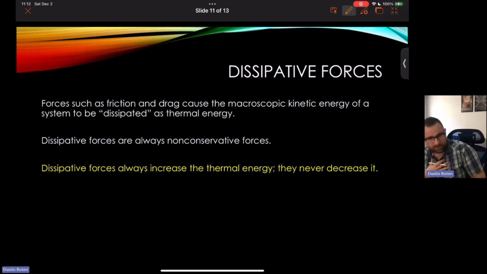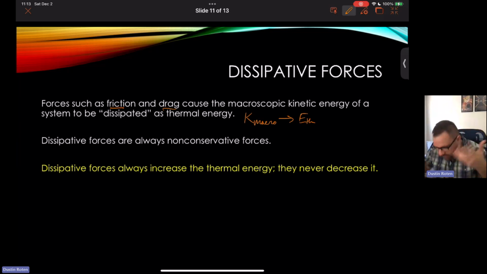So forces, just like you'd expect, forces such as friction and drag, they actually cause the macroscopic kinetic energy of a system to be dissipated as thermal energy. So again, we have this K macro going to E thermal. And of course, friction is non-conservative, and drag, well, there's no potential energy associated with drag, so there's another non-conservative force.